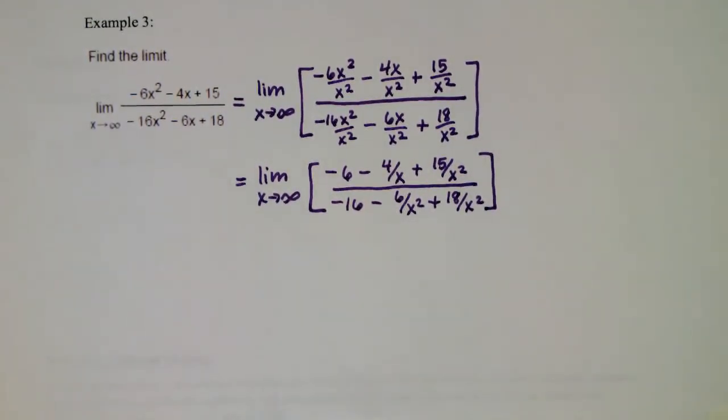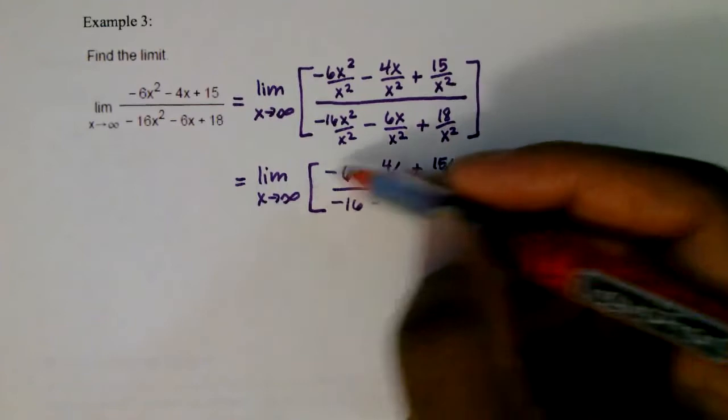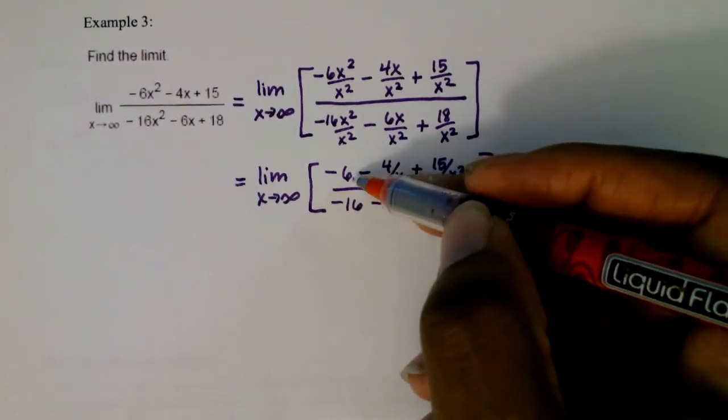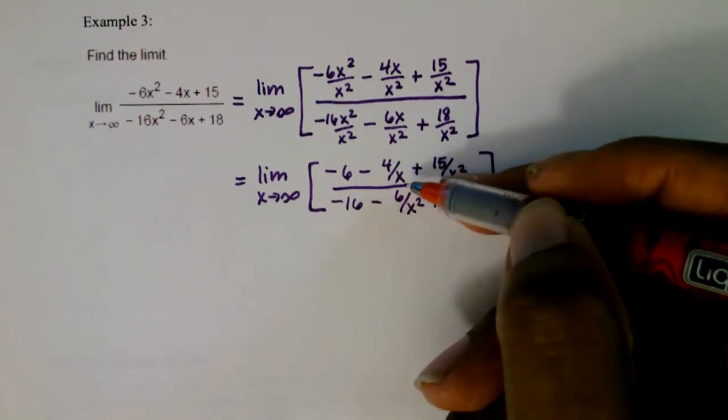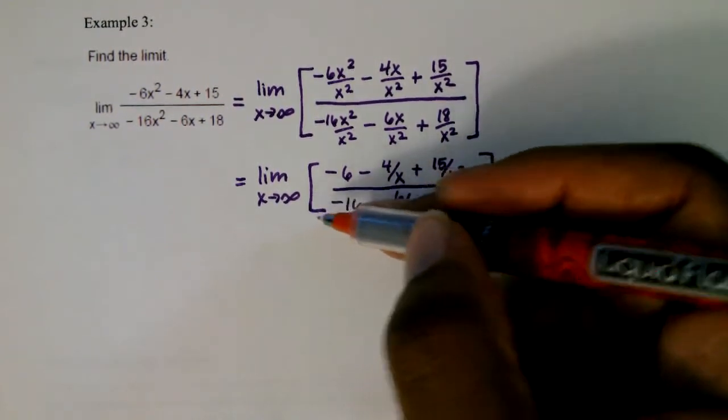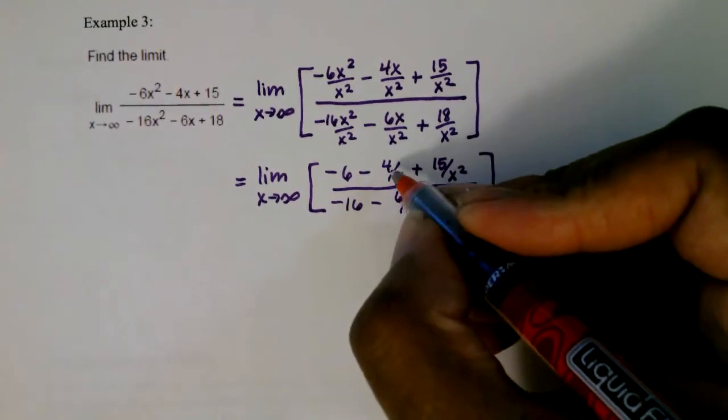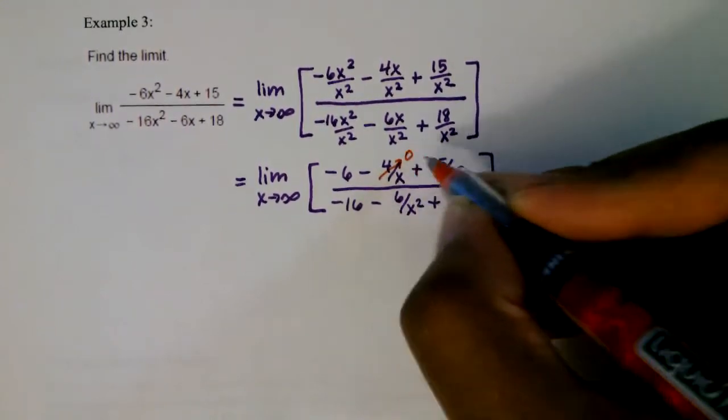All right, so with our constants, the limit of a constant is a constant in this numerator. For minus 4 over x, if I take the limit as x approaches infinity, minus 4 over x goes to 0.